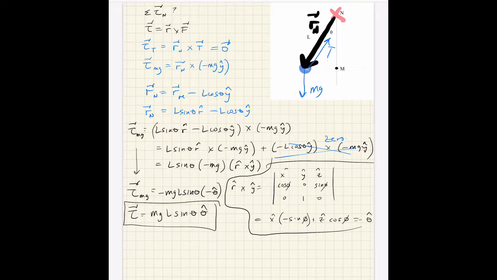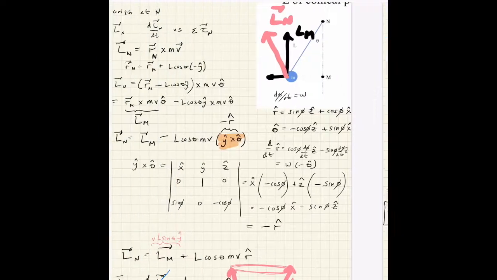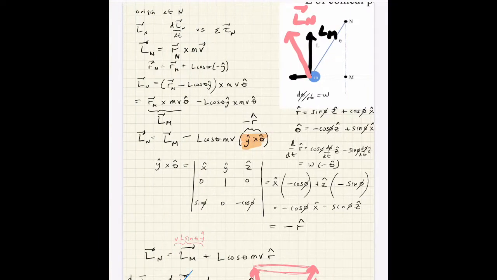And that's going to be the net torque acting on my system. It's just going to be the torque from gravity. And I'm going to say, does that compare to what I found here?